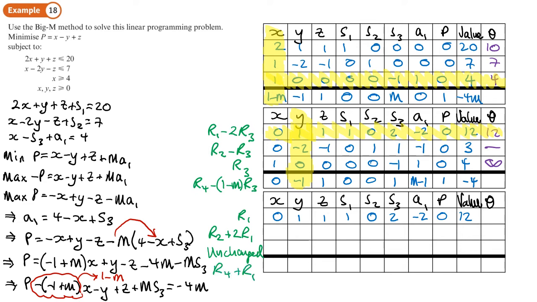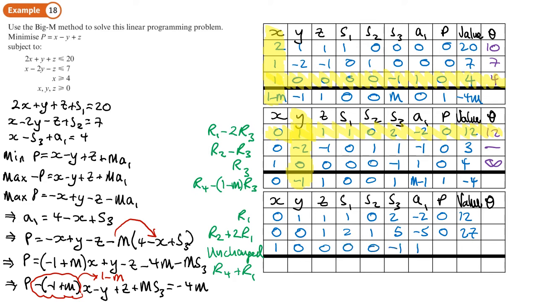So now we'll complete the rest of the table. So row 2 becomes 0, 0, 1, 2, 1, 5, negative 5, 0, 27, or 29. Row 3 becomes 1, 0, 0, 0, 0.